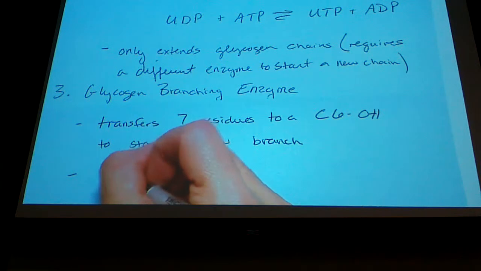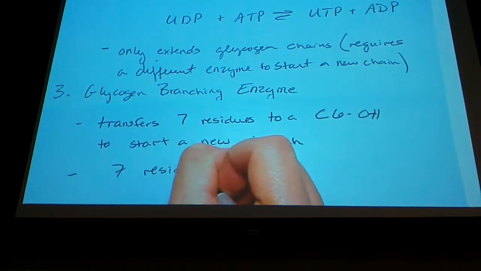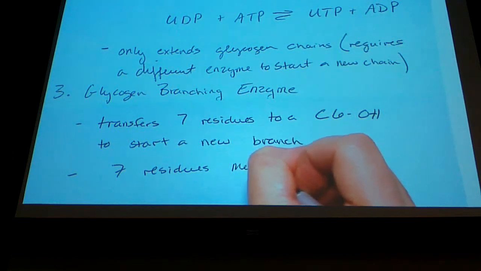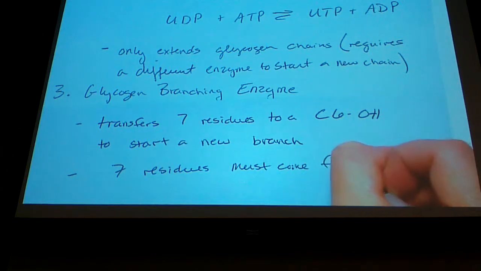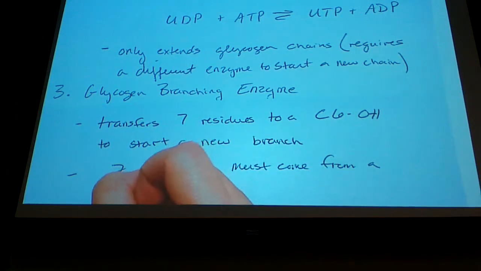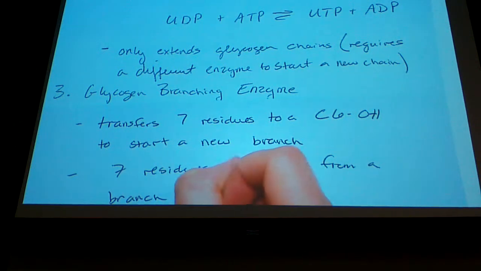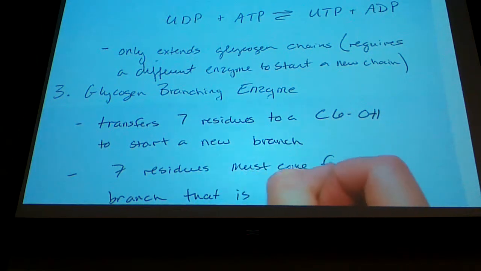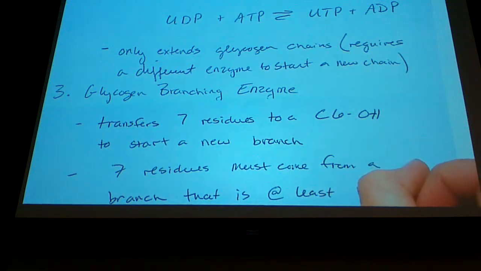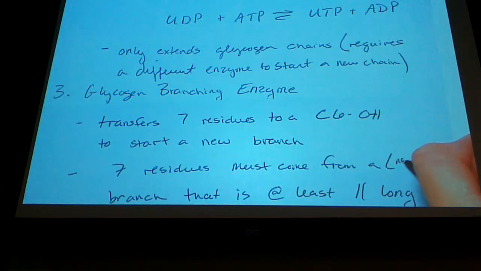And the 7 residues must come from a branch that's at least 11 long. Okay, if it's coming from a branch, then it's a non-reducing end, right?